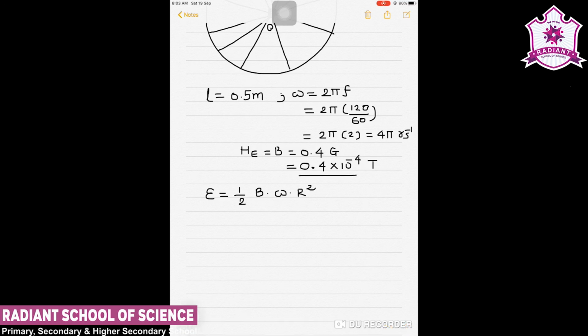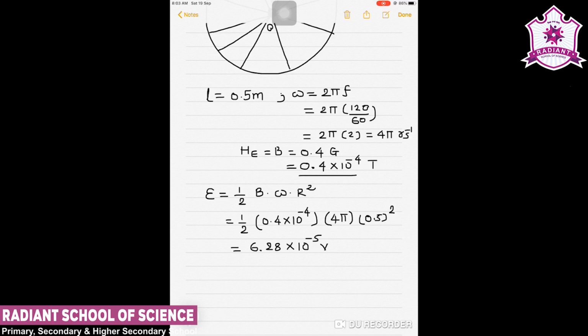Here we can say that is 1 by 2, B is given as 0.4 into 10 raised to minus 4, omega is given as 4 pi, and R is 0.5 square. So when we solve it, ultimately we get the answer, that is 6.28 into 10 to the power minus 5 volt.